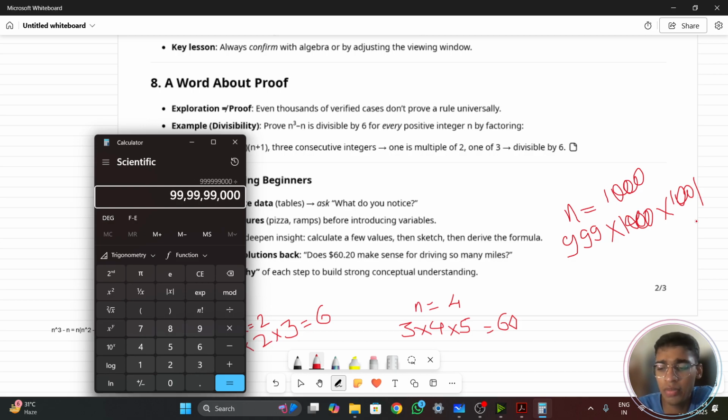Is this number divisible by 6? If it is divisible by 6, my answer would be an integer because it won't leave any remainder behind. See, it is perfectly divisible by 6, so it is not leaving a remainder. And this is always verified because if I multiply by 6, I would get the same number again.